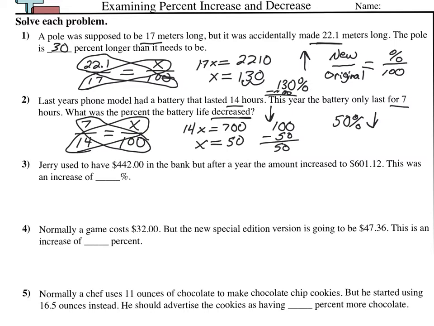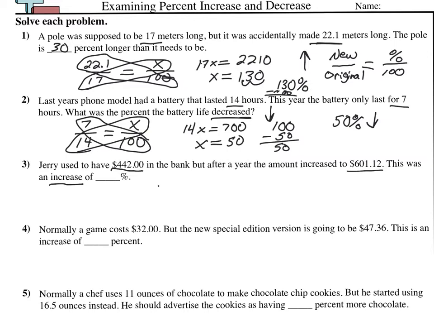Number 3, Jerry used to have $442 in the bank, but after a year, the amount increased to $601.12. This was an increase of how much percent? Okay, now not every problem do they tell us whether it's an increase or decrease, but all of these problems, they are telling us whether it's an increase or decrease.